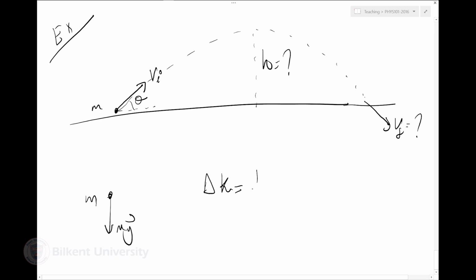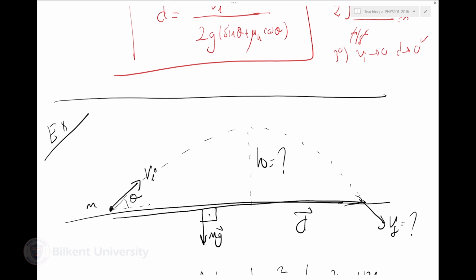How about this maximum height? How can I find it? Well, here I have to be a little bit more smart. What will the velocity of this object look like at the top? It's going to be exactly horizontal, right? And that horizontal velocity, does it change throughout the motion? No, it doesn't. Motion in the x direction was motion with constant velocity.